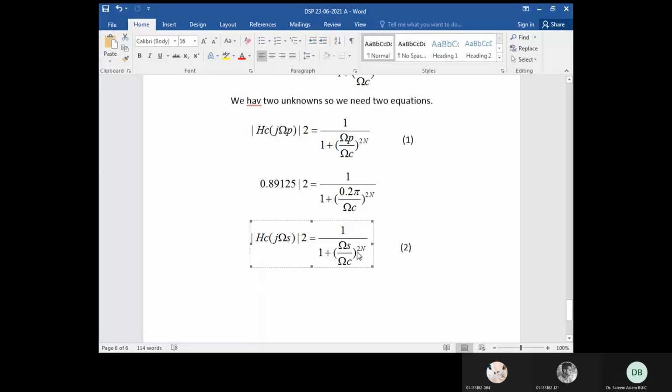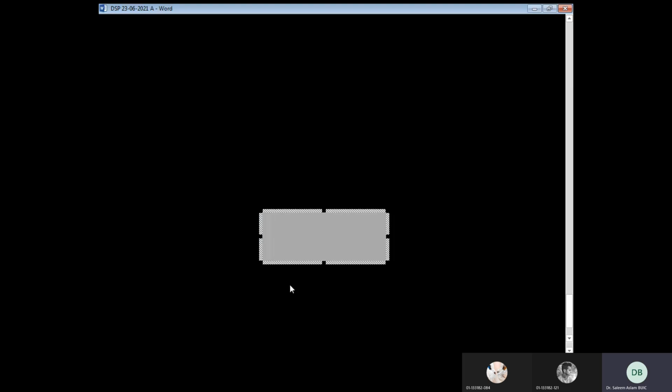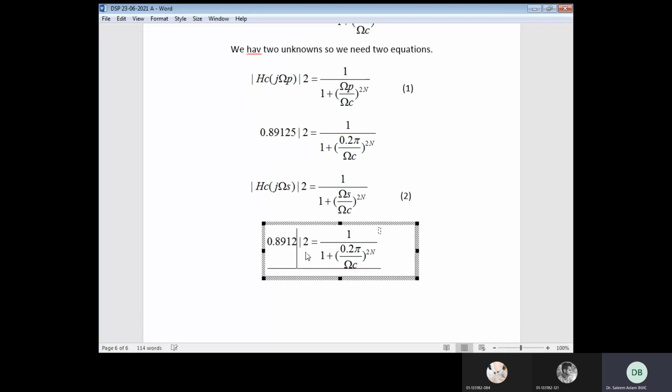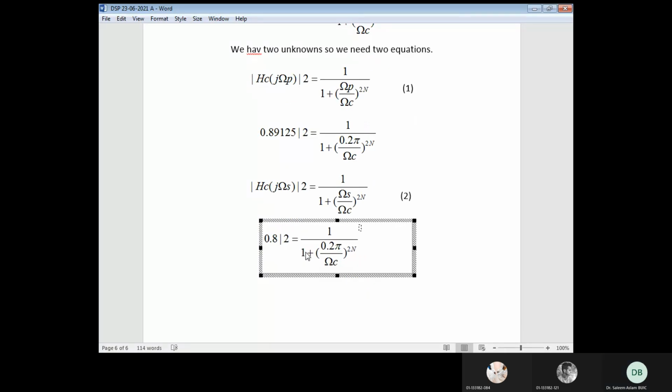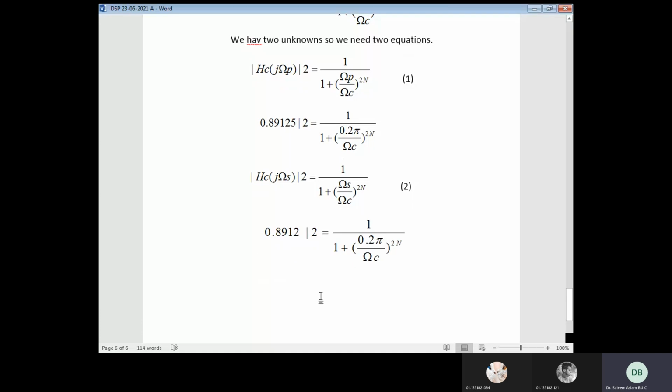And then how I can replace these values? Let me copy this value. I can replace this 0.17783, 0.17783, and what will be the value of stop band?